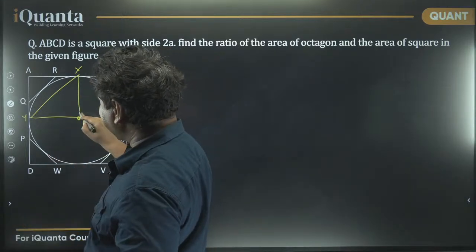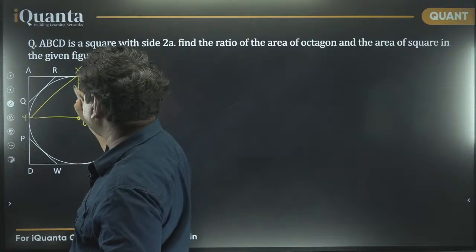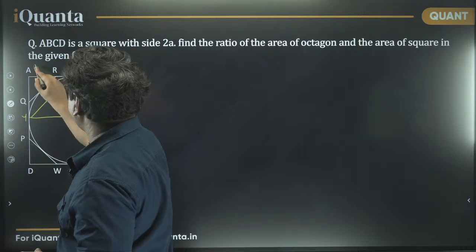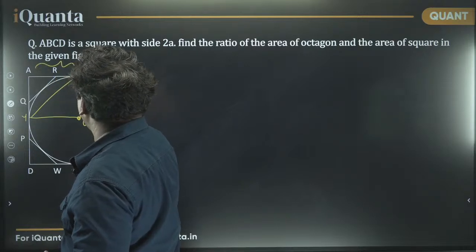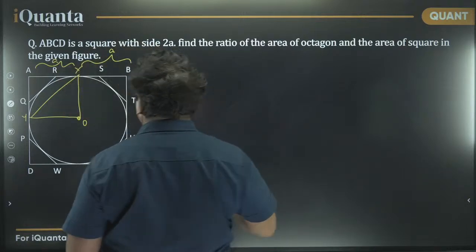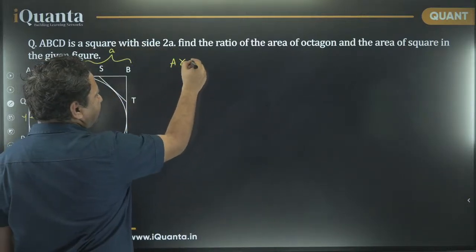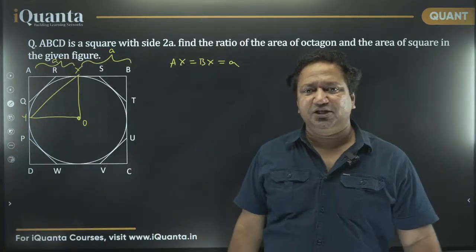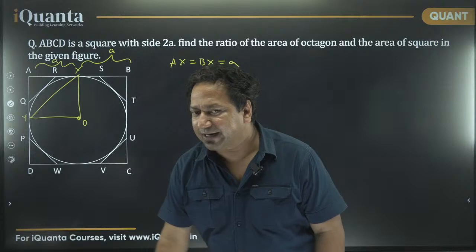So if from the center of the circle you draw a perpendicular, it basically bisects. So can I say this value of AX and BX will be same, it will be A each? Yes or no? The side was 2a, now it is A each because it bisects. Is that right?